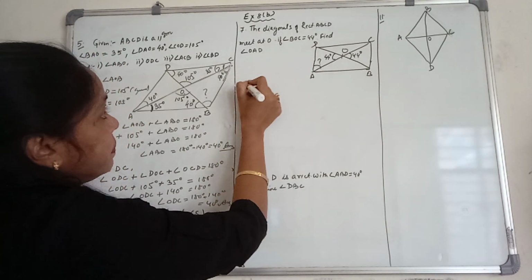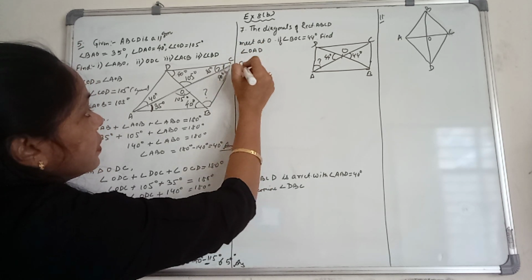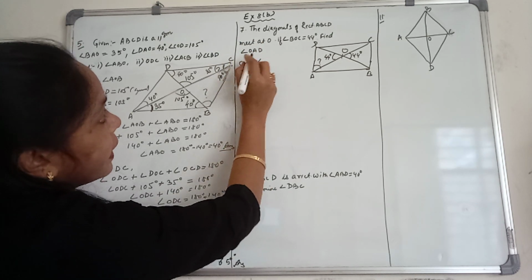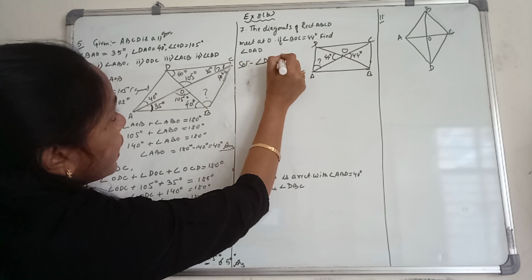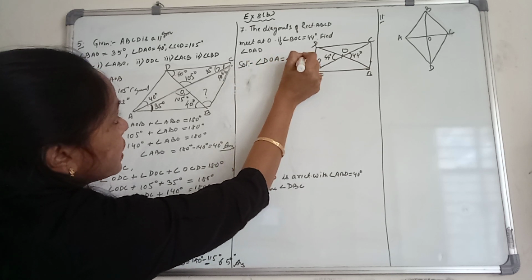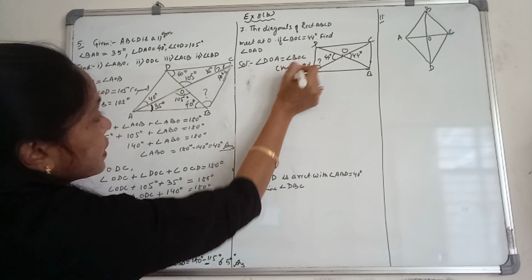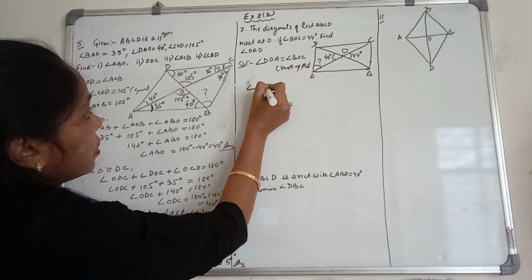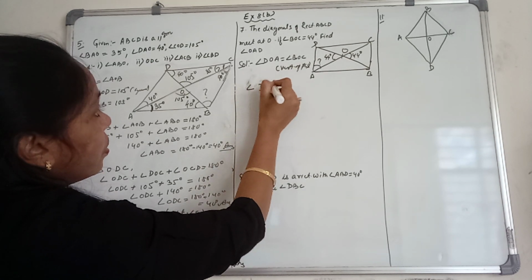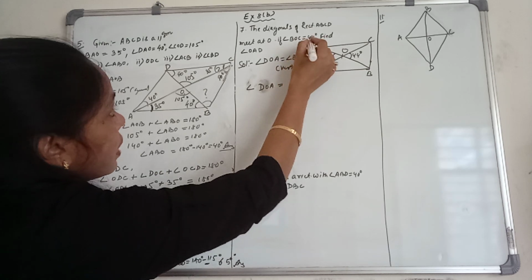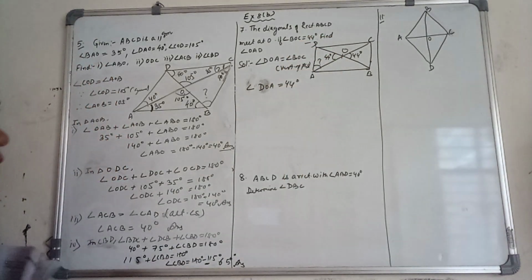Solution: angle DOA is equal to angle BOC, vertically opposite angles. Angle BOC is 44 degree, so angle DOA is also 44 degree.